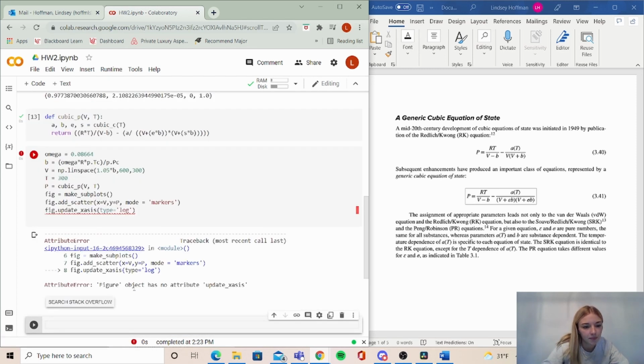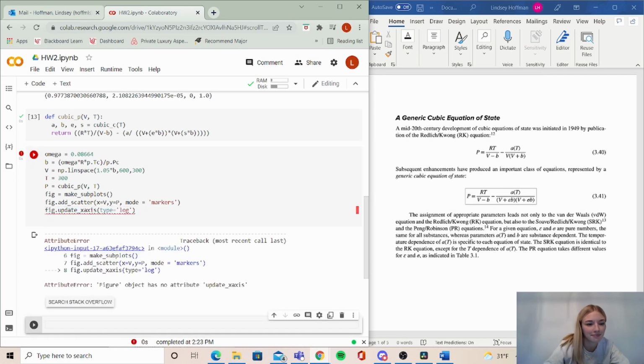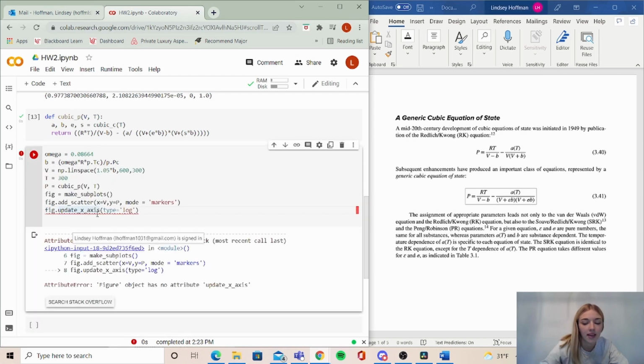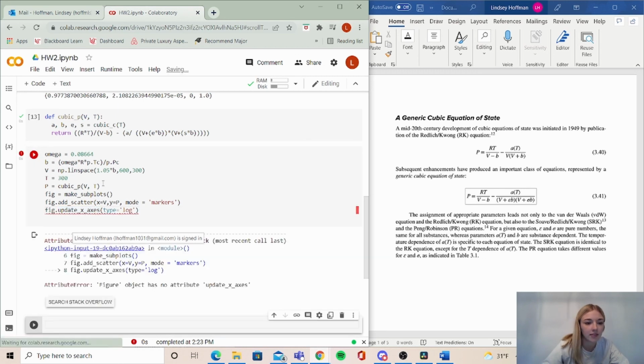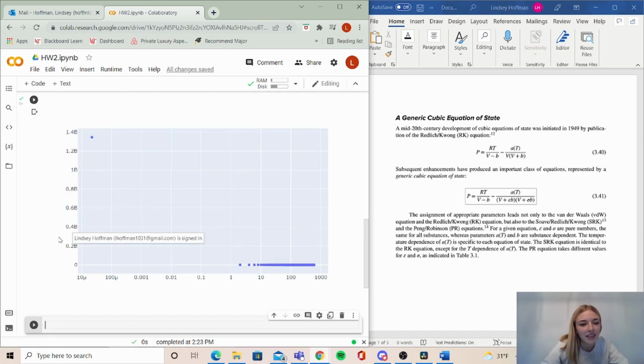Oops, can't spell. Axis, not axes. There we go. So this is getting a little bit better.